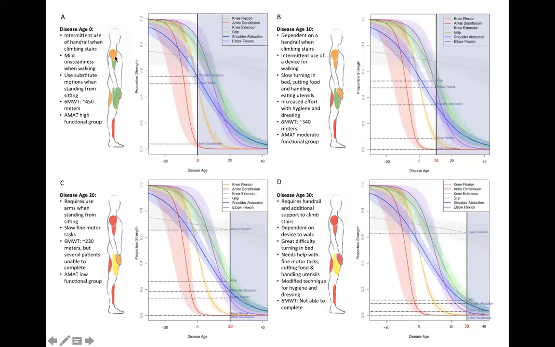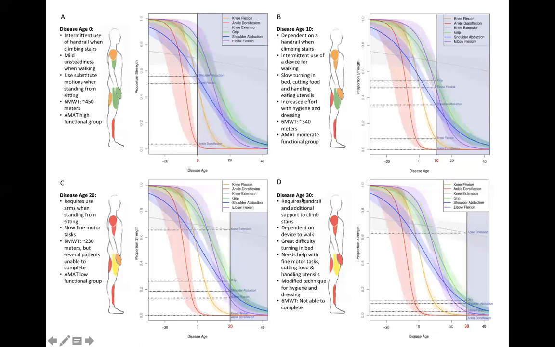So those muscles are starting to decline here at disease age 0. And as we saw on the previous slide, this corresponds to when we start needing to use a handrail to climb the stairs, some unsteadiness when walking, and also needing to use substitute motions when standing from sitting.